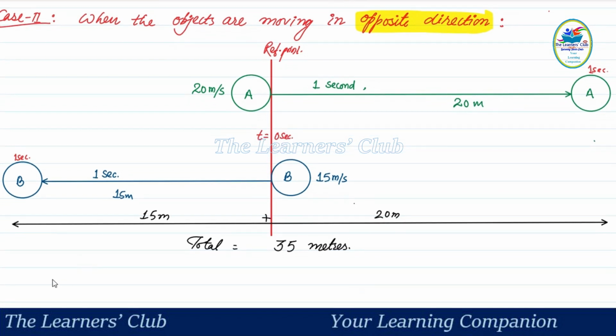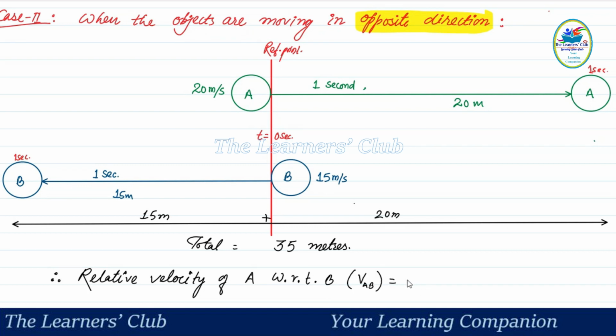Yes, sir. Therefore, VA plus VB. Exactly, relative velocity of vehicle A: W means with, R means respect, T means to, with respect to. With respect to means compared to. With respect to B, we have the symbol VAB.